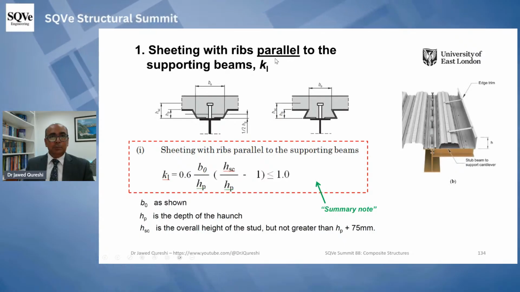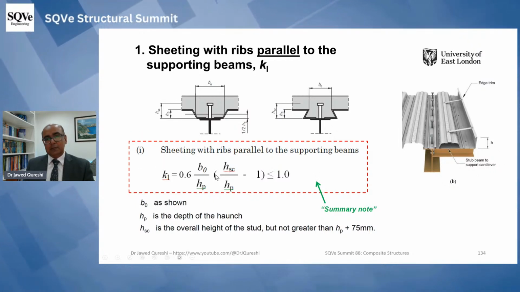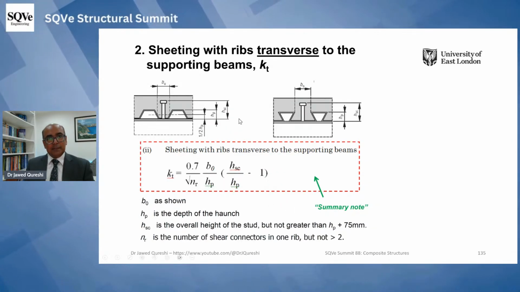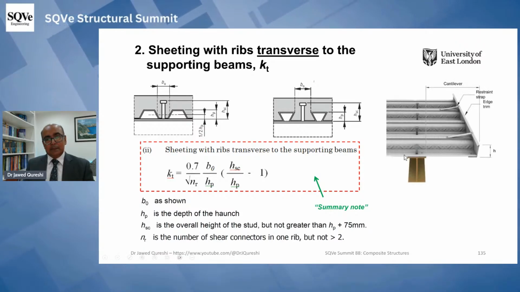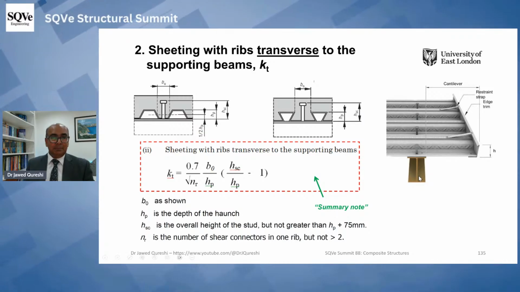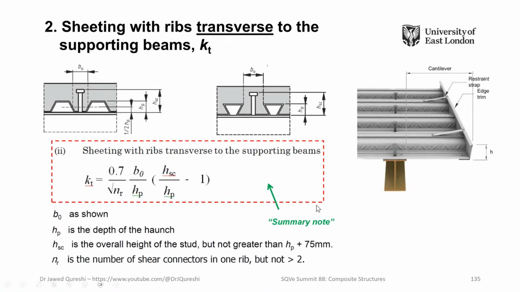Now this is the formula for parallel, and we have this KL, 0.6 b naught. HP is the height of the profile, HC is the height of the shear connector, and from here we find the reduction factor. Secondly, we have the reduction factor for transverse sheeting. Here the sheeting is perpendicular to the axis of the beam, which is the secondary beam configuration, and here we have a reduction factor again.